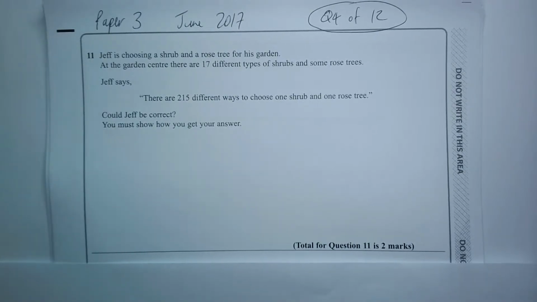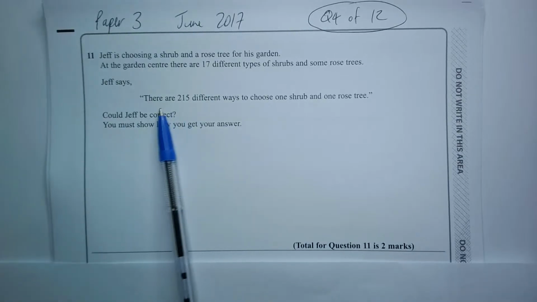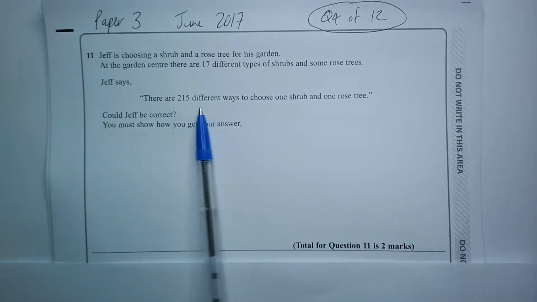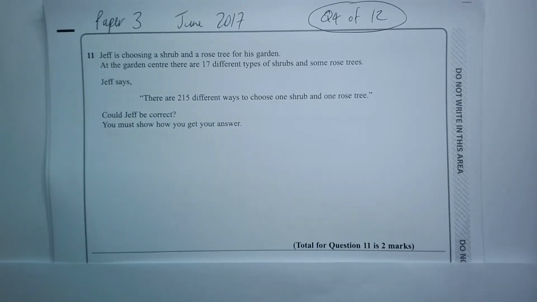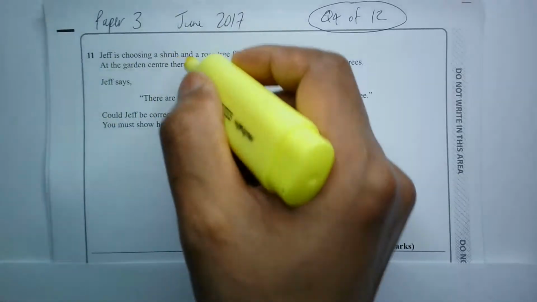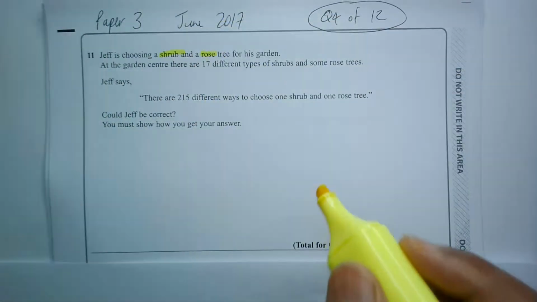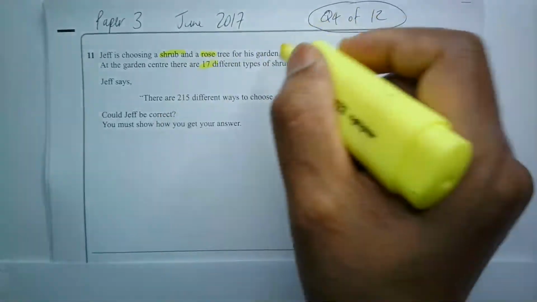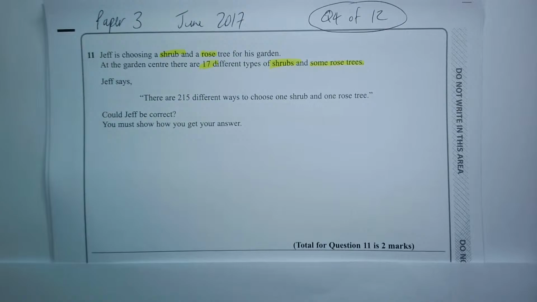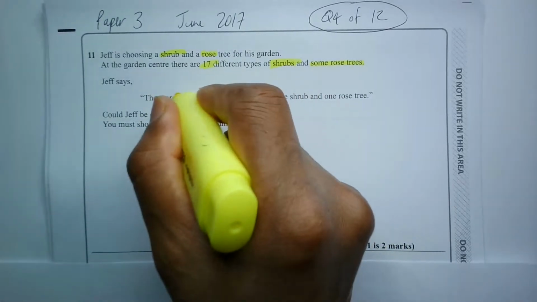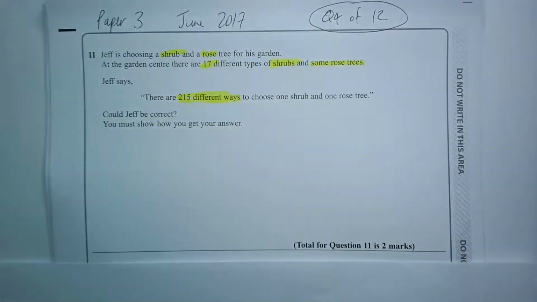And notice this question is slightly different from before because it's saying there are 215 different ways to choose one shrub and one rose tree. So in this question, we're actually being given the answer.